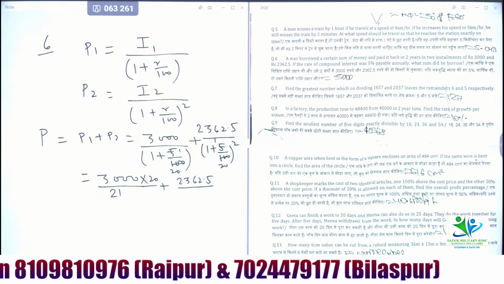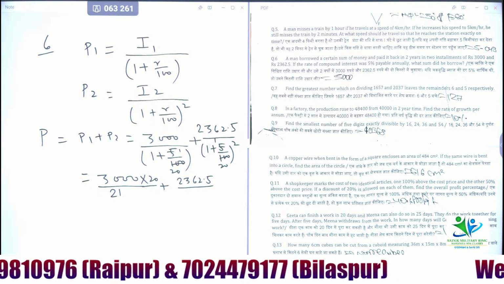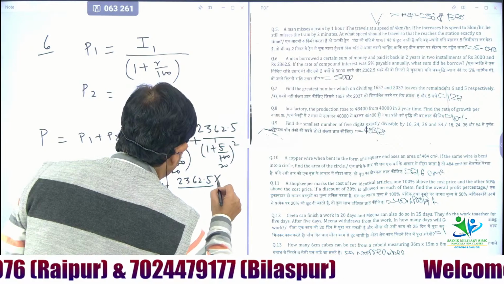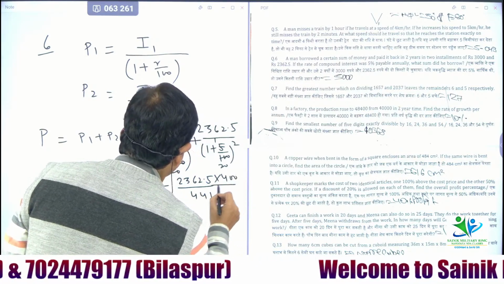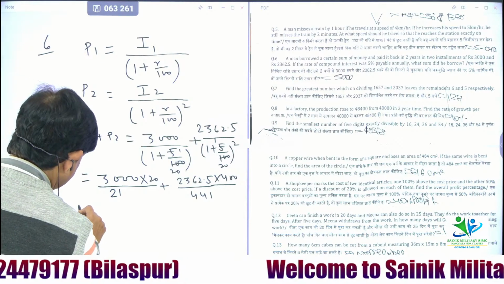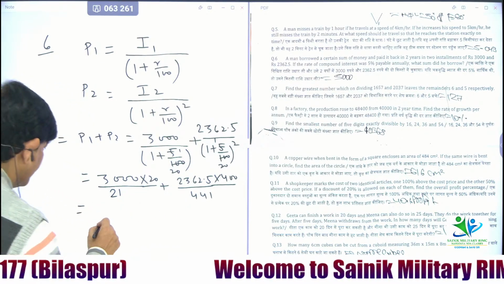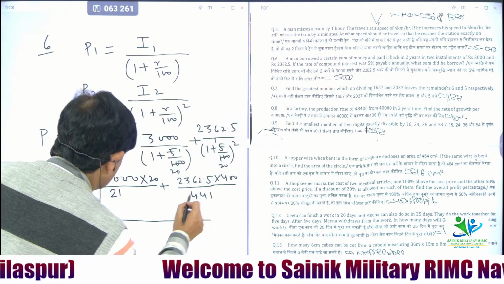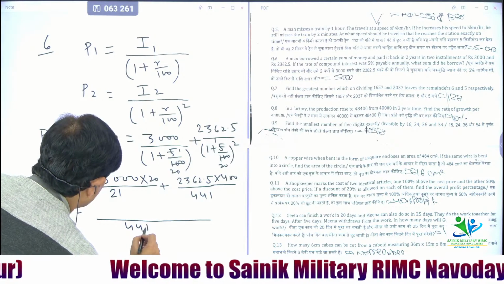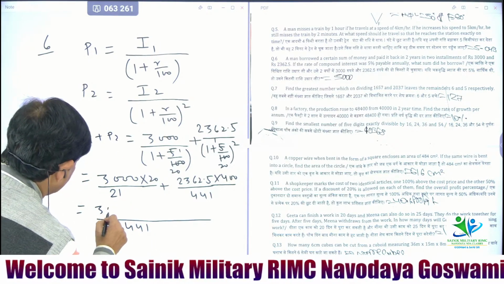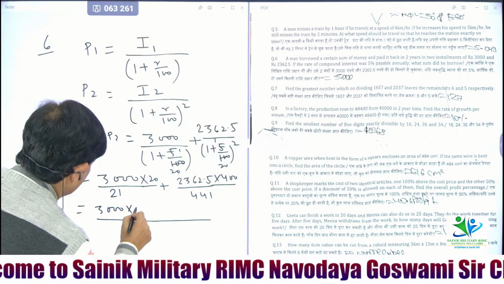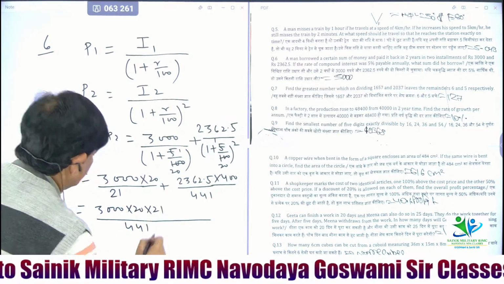If you take the square of 21 by 20, you get 400 in the denominator and 441 in the numerator. Now, if you take the LCM of these two, you get the LCM 441, again divided by 21, and you get here 3000 into 20 into 21.